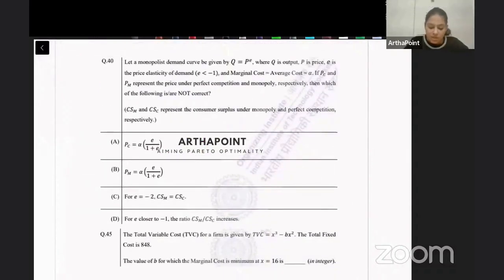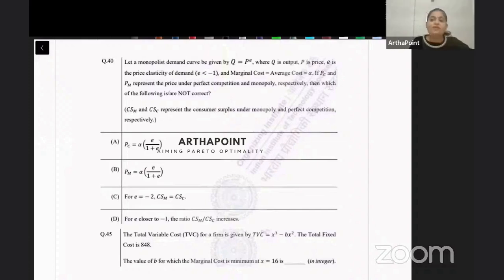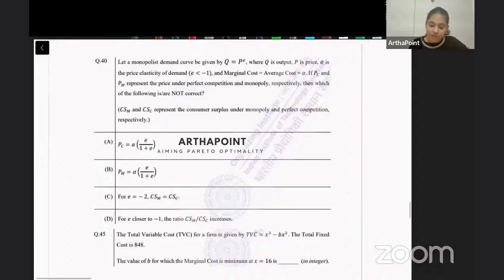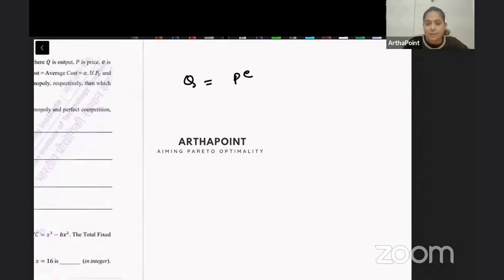A monopolist is given a function here. Again, I love how they have used the concept of elasticity yet again, which means this concept is very important. They have given Q is equal to P to the power E, where E is the elasticity. Can I rewrite this as log Q is equal to E log P?